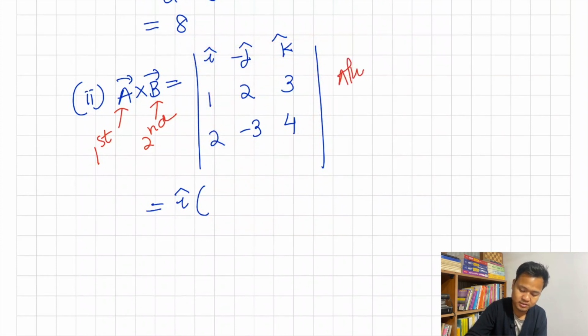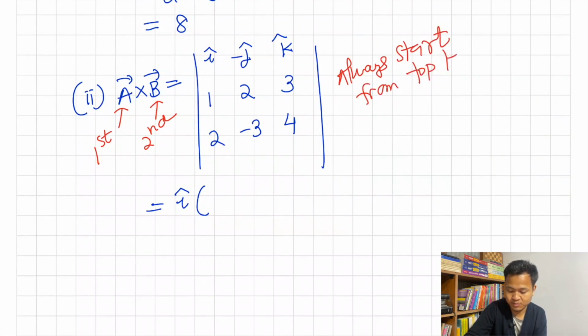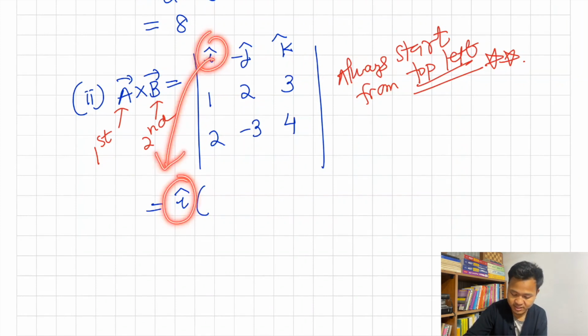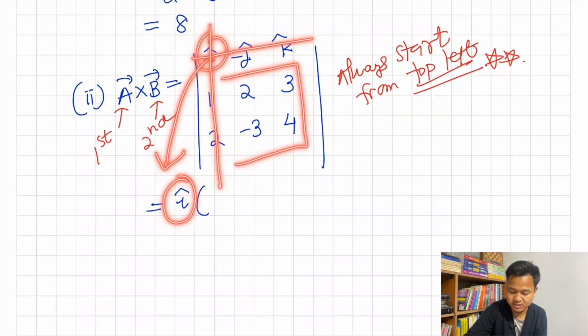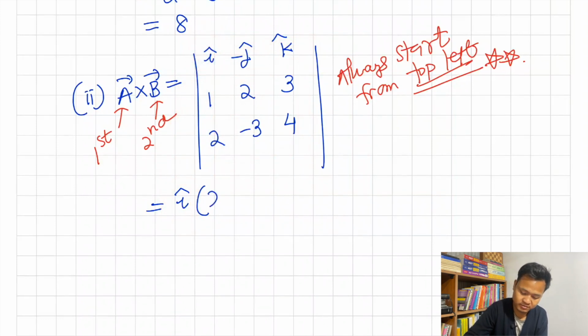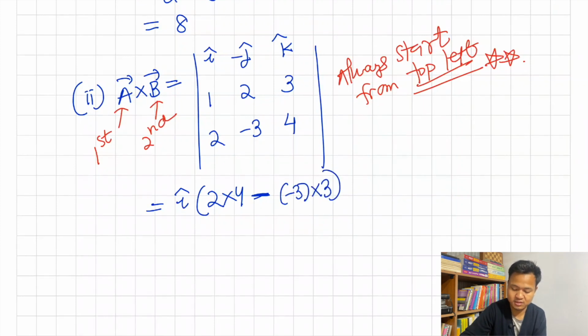So I write i here, and the remaining box gives 2 into 4 minus 3 into 3. Minus should always come in the middle.